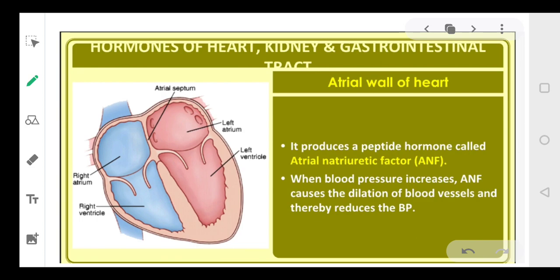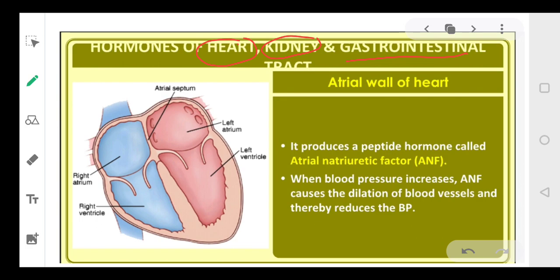Now dear students, apart from these glands that we have discussed so far, there are other parts of the body that also produce certain important hormones, like the heart. Second is the kidney, and third is your digestive tract, your digestive system. So these 3 also secrete some very, very important hormones.